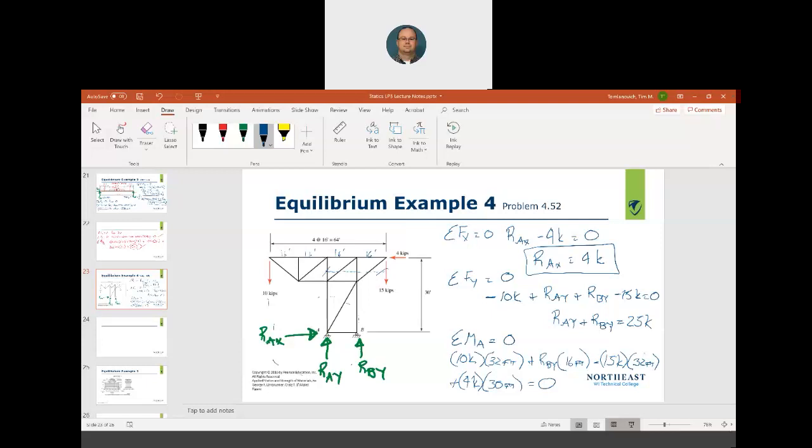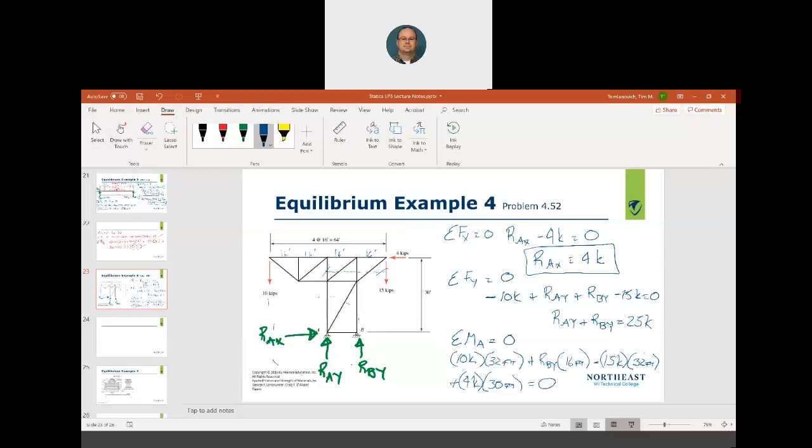Okay? So 10 times 32 minus 15 times 32 plus 4 times 30 equals, so I get a negative 40 kip feet, right? Okay, and I move that over to the left side of the equation.